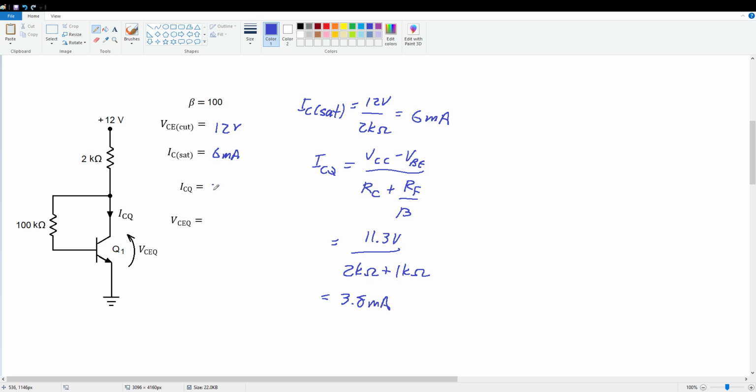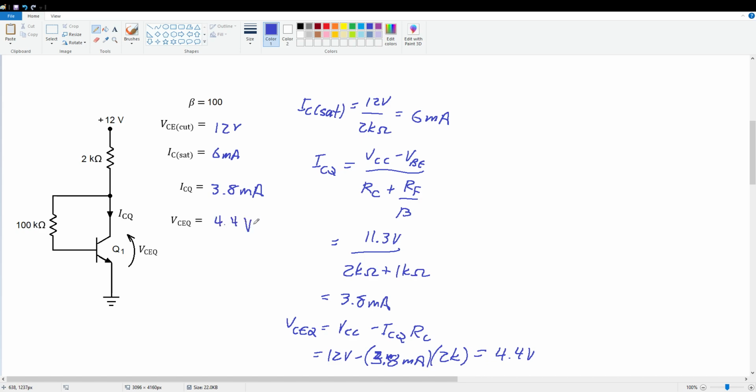All right, so we've got 3.8 milliamps for ICQ. VCEQ is VCC minus ICQ times RC, which is 12 volts minus, not 2 milliamps, 3.8 milliamps times 2 k ohms, which works out to be about 4.4 volts. Okay, so we've got 4.4 volts.